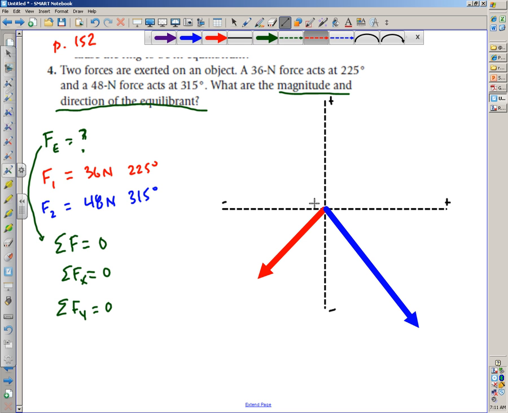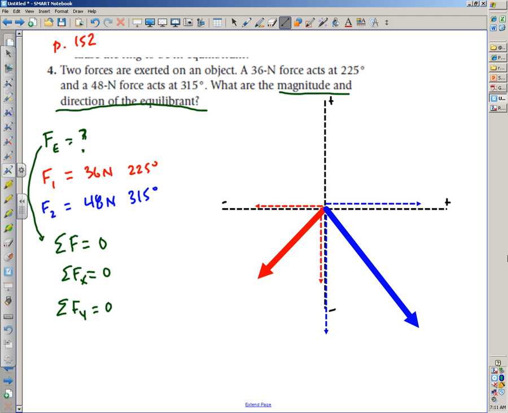They are a combination of 2 things, right? F1 is a combination of this horizontal force and this vertical force. F2 is a combination of this horizontal force and this vertical force.